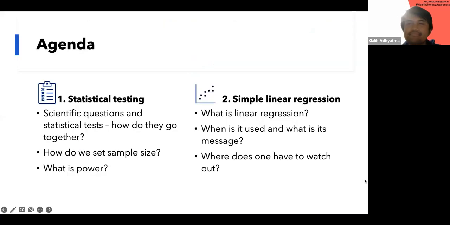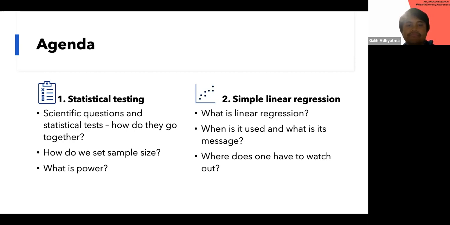So what I thought we could talk about is first a little bit about statistical testing. So like, okay, how do I transform a scientific question that I might have into a statistical test, and especially a statistical hypothesis that I can then quantify and test and get some reliable result for. And then the second bigger question would be sample size, and of course, what is power?